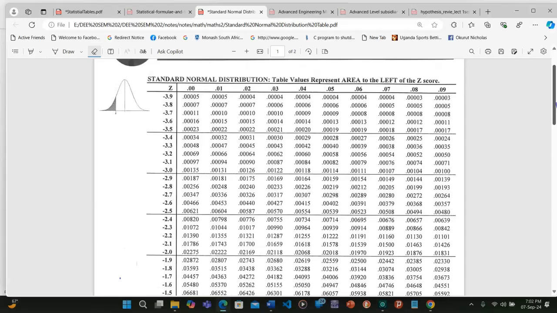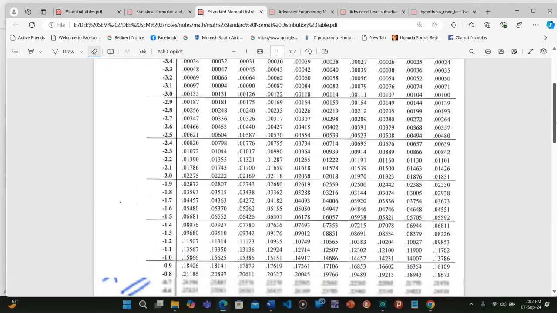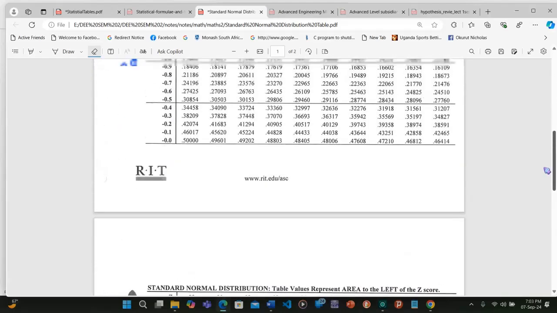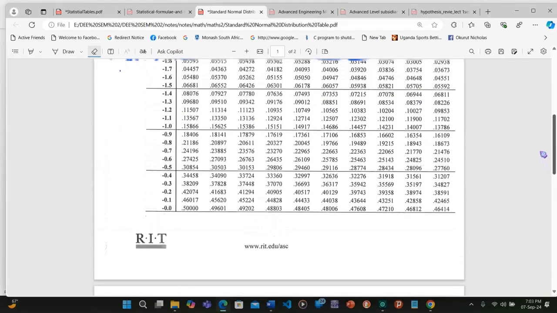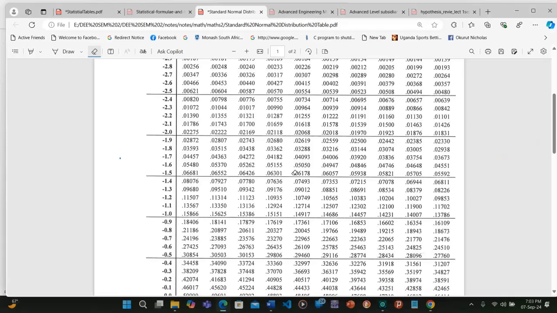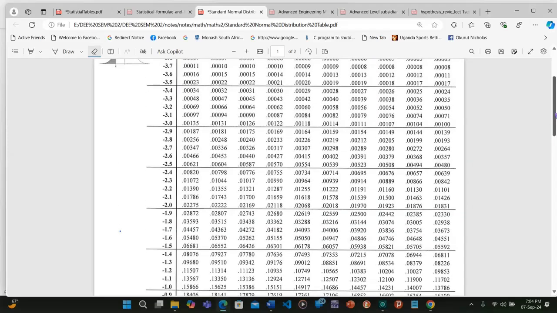Now, the 0.05, what is its z value? You can check.